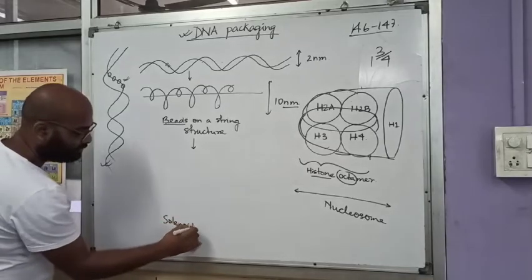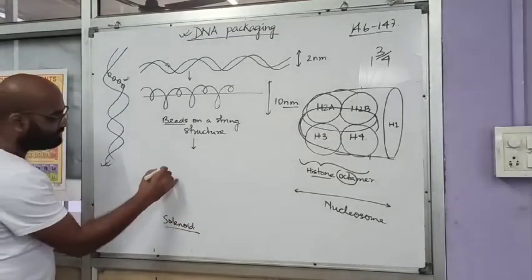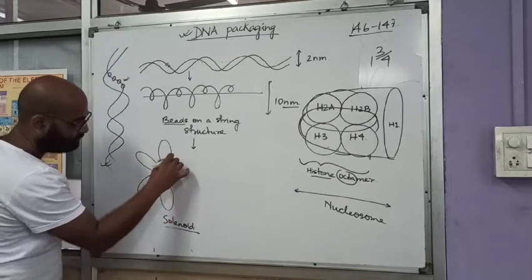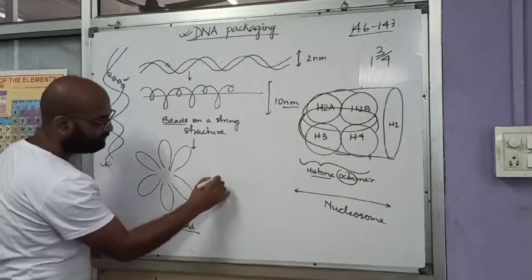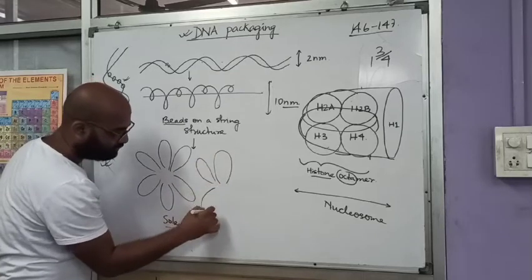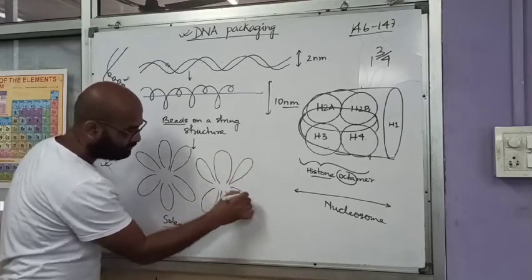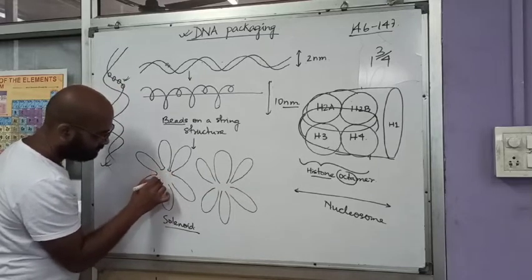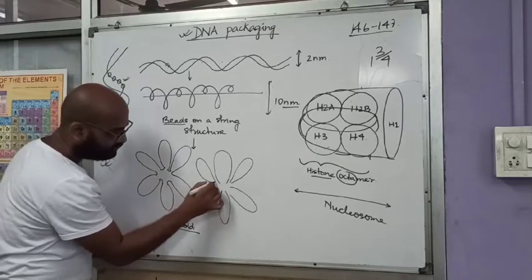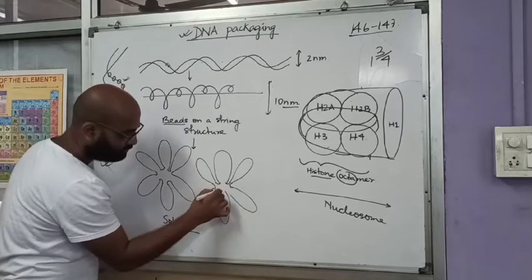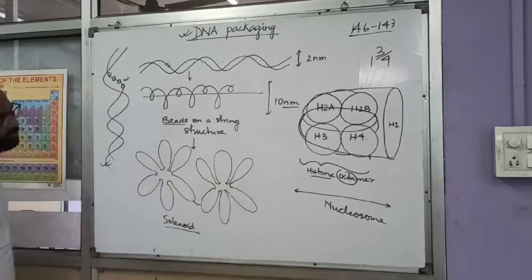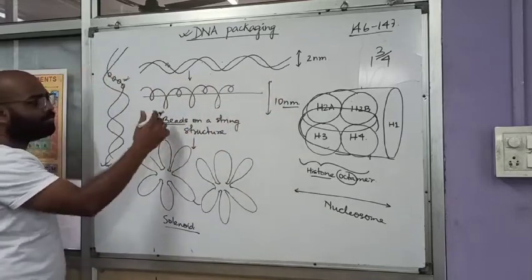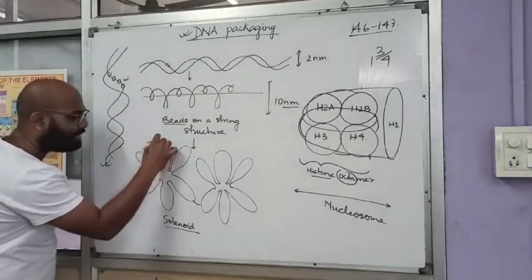So what is a solenoid? It's a kind of structure like this. So imagine this stretch of DNA molecule along with the histones anywhere in the solenoid.